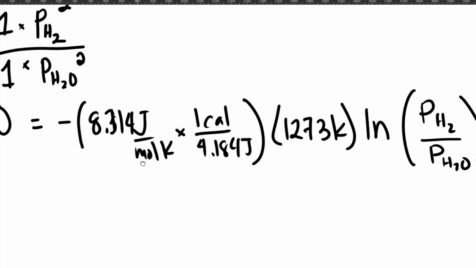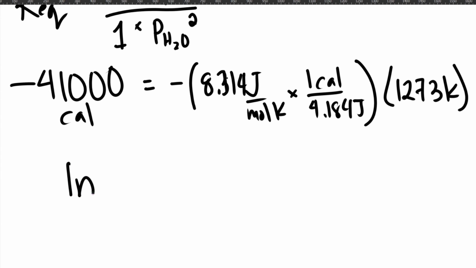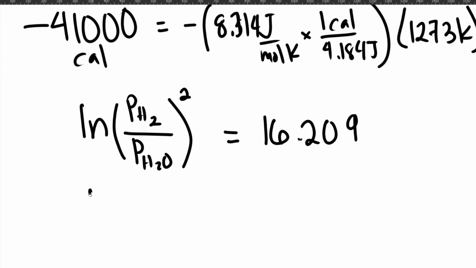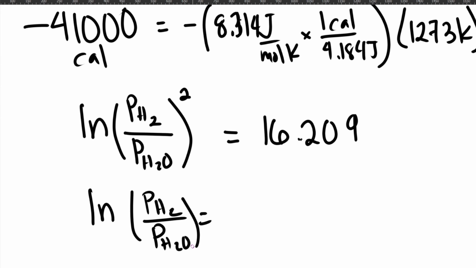Isolating yung ln natin dito, we have ln of pH2 over pH2O, raised squared, is equal to 16.209, or ln of pH2 over pH2O is equal to 8.1045.